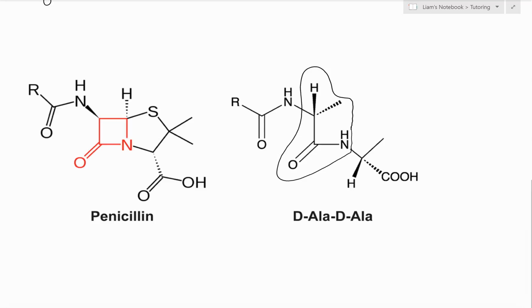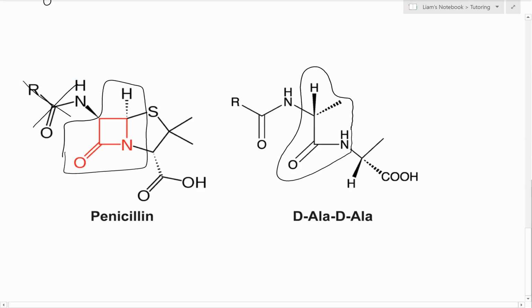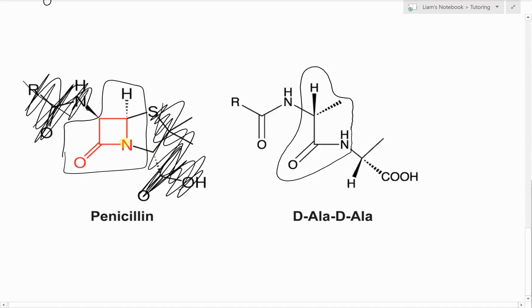You can see the similarity though between this and this, our little building block right here. So this is the R group, one of the things that can be modified, so we're going to ignore that for now. We're going to ignore all this as well. Really, the thing that we need to focus on is this bit here. And you can see how similar that is to this D-Ala D-Ala bond, this beta-lactam ring.